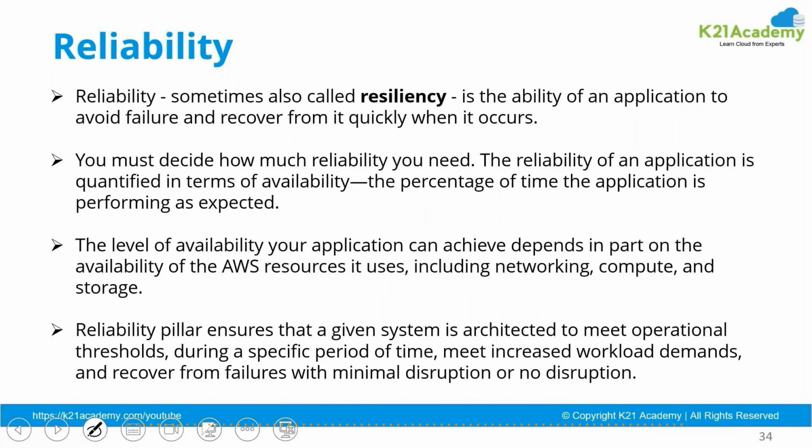Reliability is quantified in terms of percentage. What was the uptime of your application? 99.99% uptime is what Amazon guarantees. Usually, we are able to achieve 95.6 to 95.7% uptime in our traditional data centers.